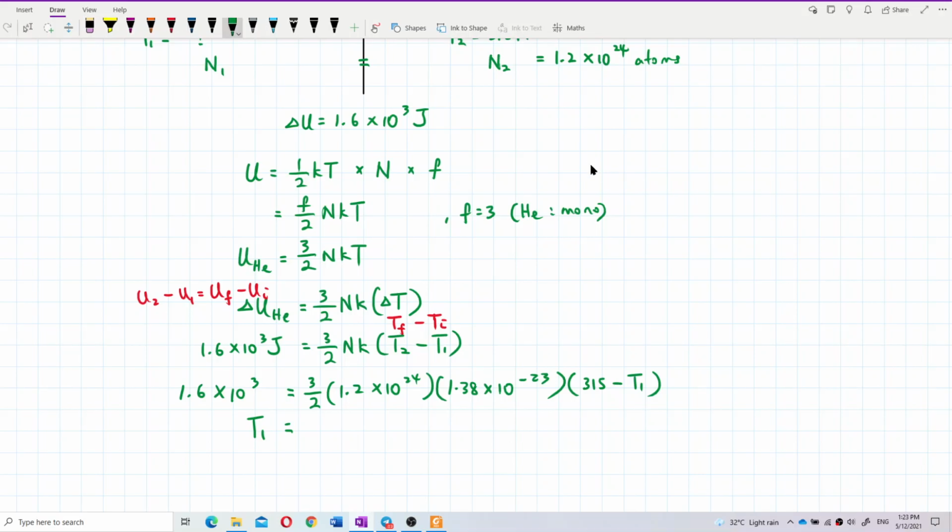I got the temperature one is 250.5878 Kelvin. I got the temperature already for T1.